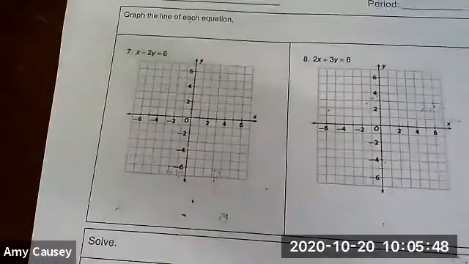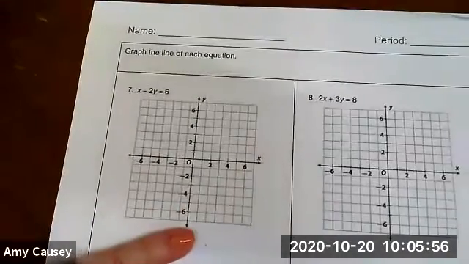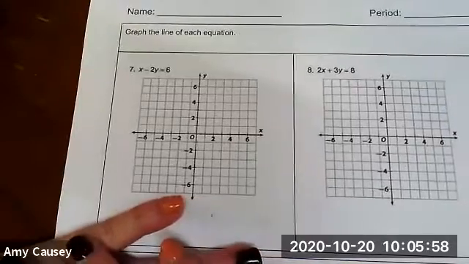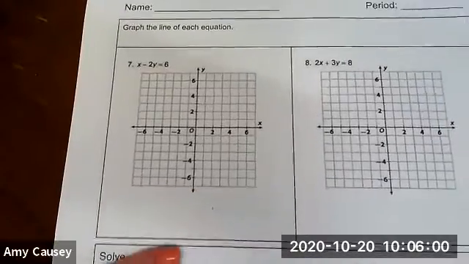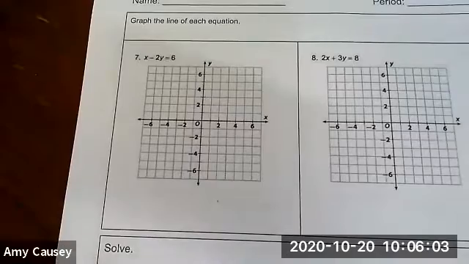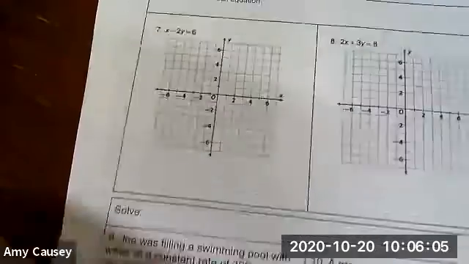So flip that over. Let's look at this graph on the back. We are going to graph the line of each equation. So the first thing I want to do is put this in a form that's easy to graph.